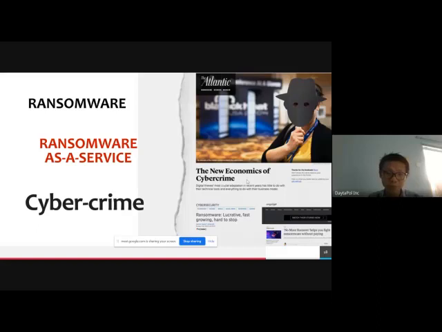Obviously this is illegal, please don't get me wrong. This is illegal, but it happens in the real world. Ransomware has become so common that for any entity, whether you call it an SME or enterprise or corporate, being hit by ransomware is not about luck. It's a matter of time.